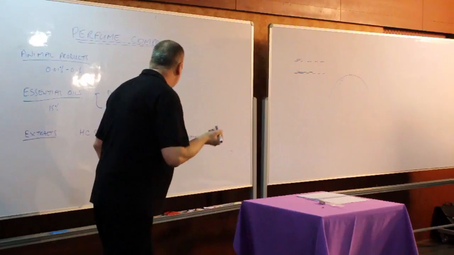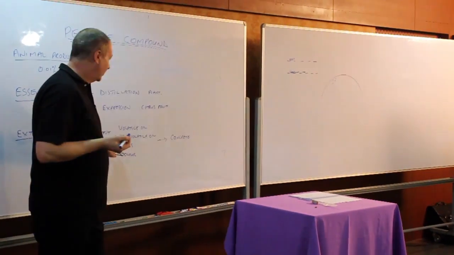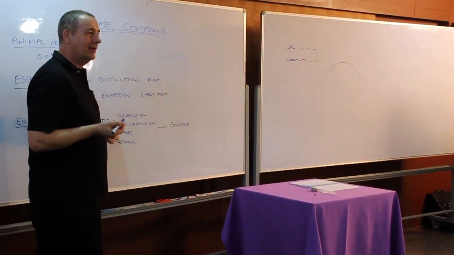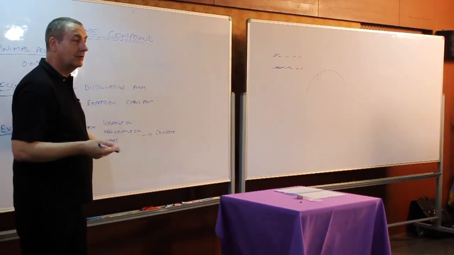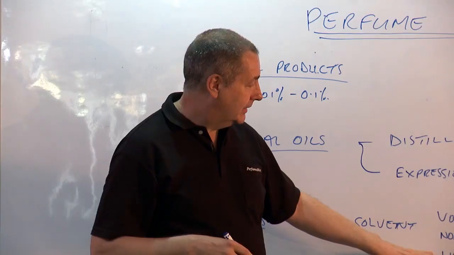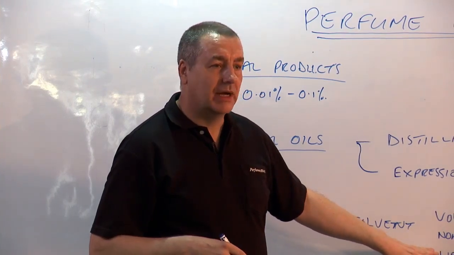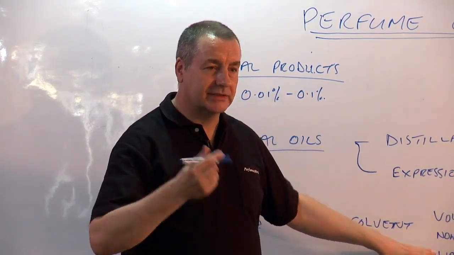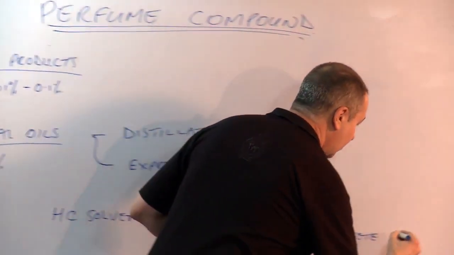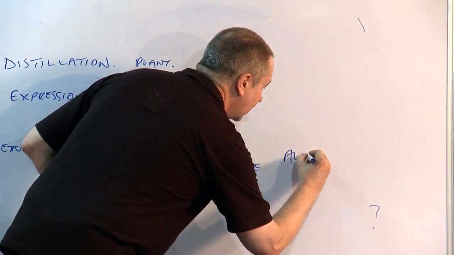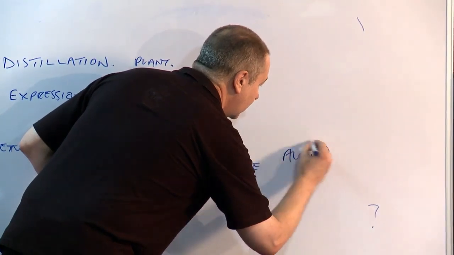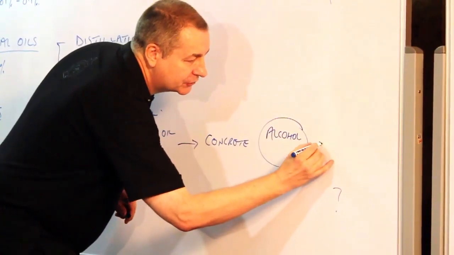There's another step to this. Because we don't want the waxes in our finished compound, because it won't dissolve with, for example, orange oil, won't dissolve with terpenes. Yeah, we want to take those waxes out. So what we do is a second step, and we use alcohol to extract again.